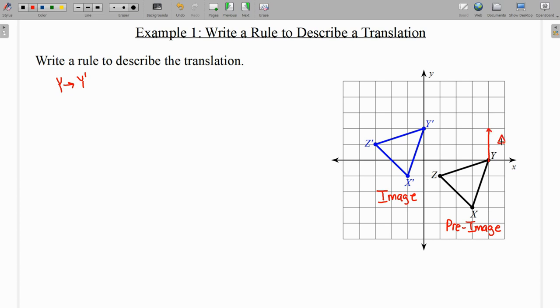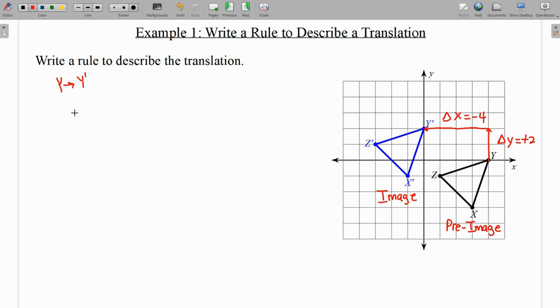So I'm going to consider that a change in y of +2. Now, to make it all the way over to Y prime, we had to go across to our left this way. I'm going to consider that my change in x. Going left here, it's 1, 2, 3, 4, and I'm going to call that a -4.